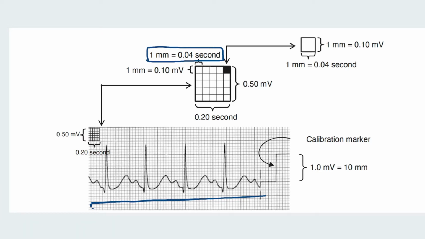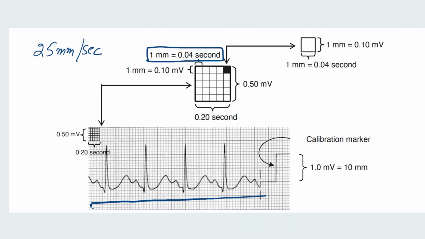The reason is that the standard ECG is recorded at a paper speed of 25 millimeters per second. If you use this to find the time taken by 1 millimeter, you will find it is 0.04 seconds.